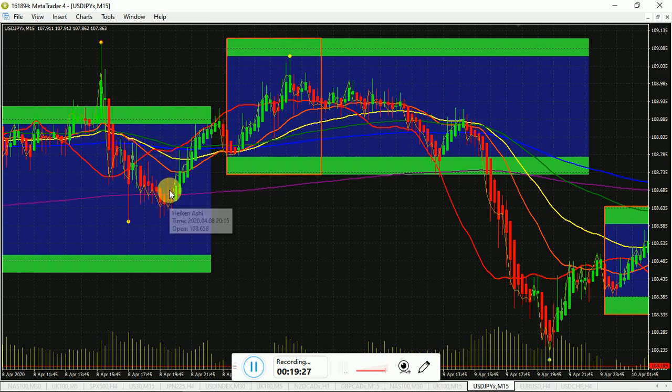As you can see here, it went down, made that high resistance point, dropped, and then rallied all the way up to there, and that's when it changed direction and went back down again. But that's just another condition that you use when you are selling, to be careful with this line here.